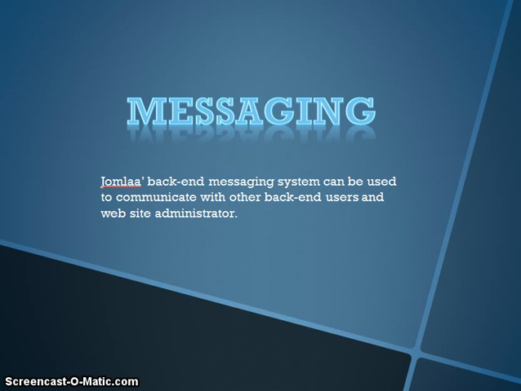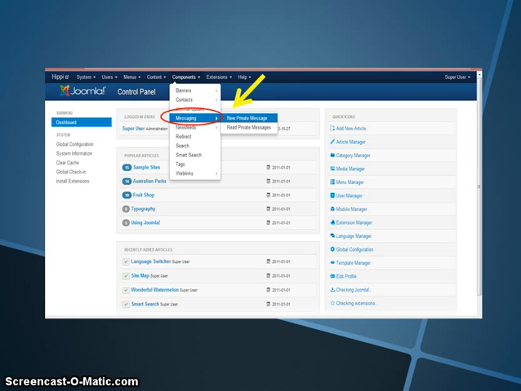As we know, messaging is Joomla's back-end messaging system that can be used to communicate with other back-end users and website administrators. The first step is you need to go to component, click messaging, and then click new private message.